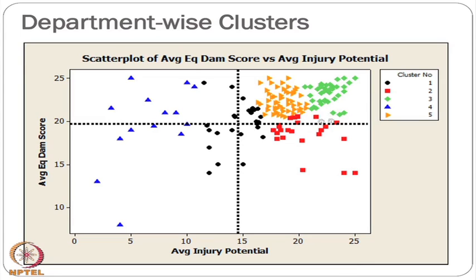But this quadrant is really a complicated one and very important also, because injury potential and equipment damage score both are higher in this job. So, now management may see this result and decide that this cannot be, it will be on one cluster.